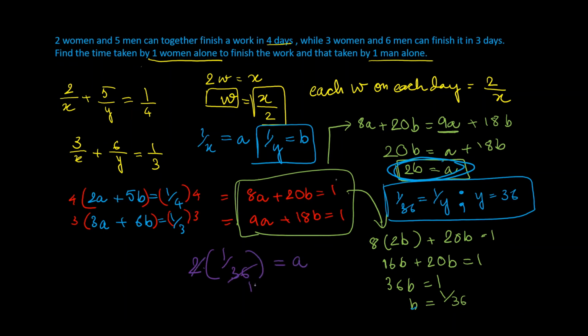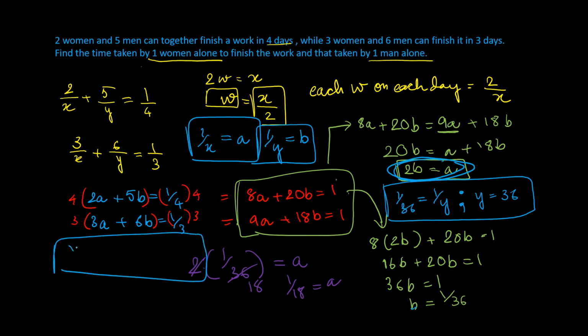And 2 goes into 36 18 times, so I'll have 1 by 18 as a. Again, remember, we have written a as 1 by x. So here 1 by x is actually 1 by 18, and therefore x is going to be 18.